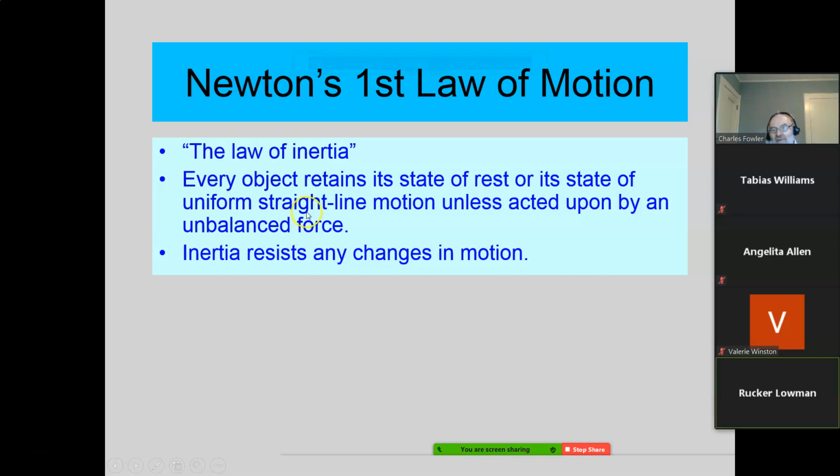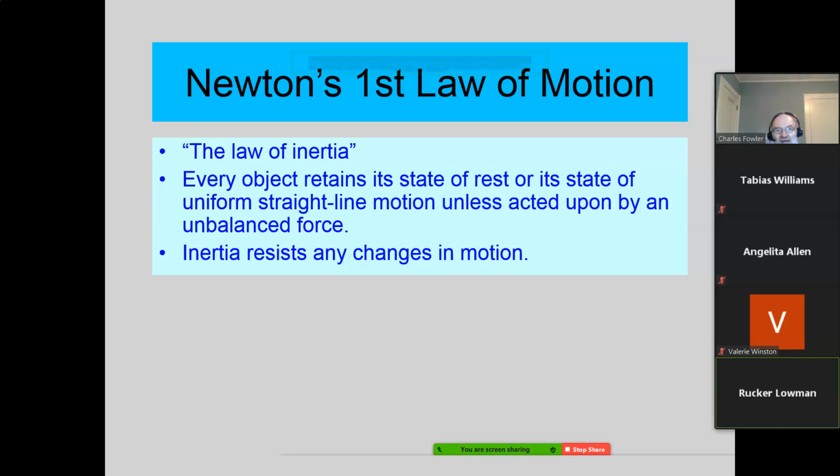But also, let's say that golf ball, once it's in the air, it would go straight line motion unless it's acted on by an unbalanced force. Well, guess what? You hit that thing into the air, it's now under the influence of gravity. So that's not the law of inertia, okay? But let's go to the bowling ball rolling down the alley. That's horizontal motion only.